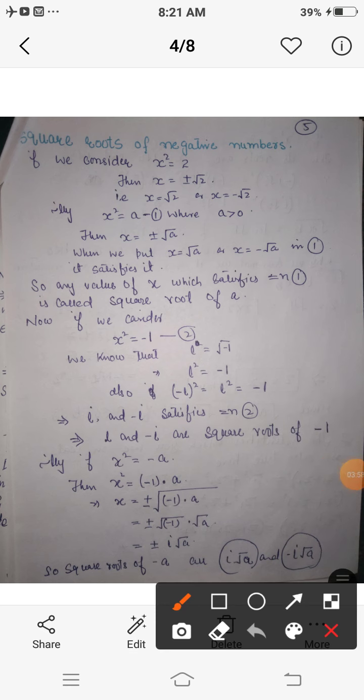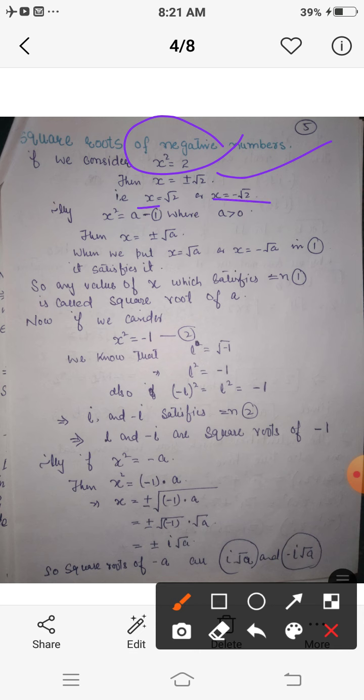Now you know the square roots of positive numbers, like if we consider the equation of the form x square equals 2. Now when we take roots on both sides, the roots are simply x equals plus minus root 2. That is, this quadratic equation x square equals 2 is satisfied by x equals root 2 and x equals minus root 2.